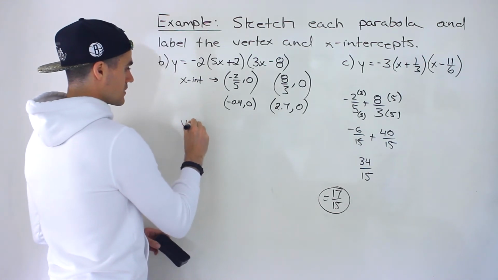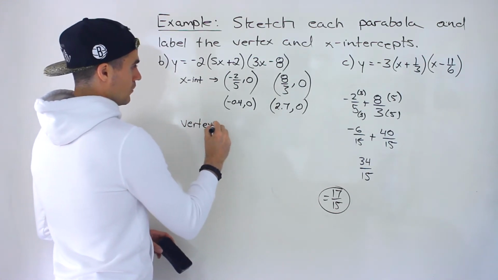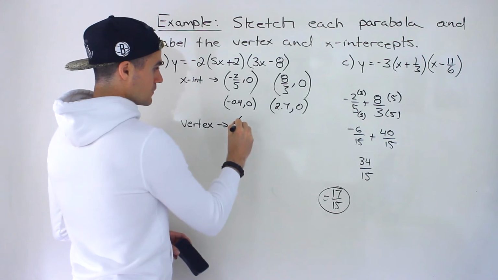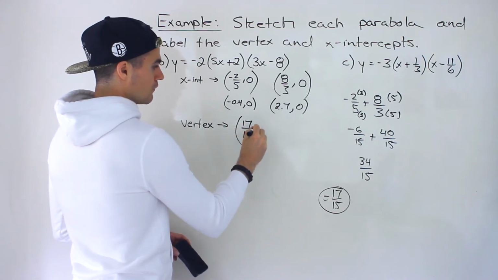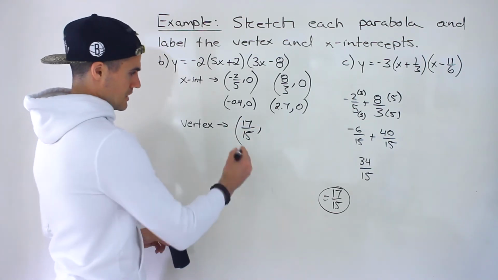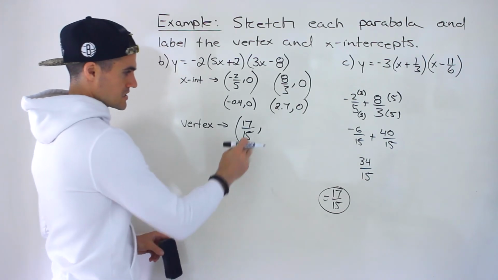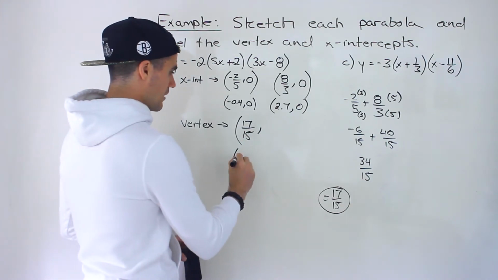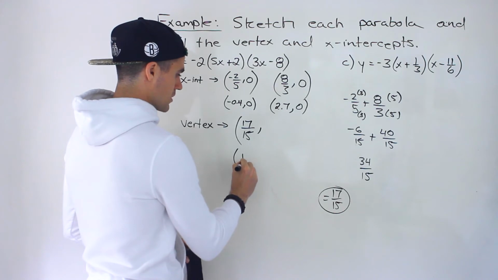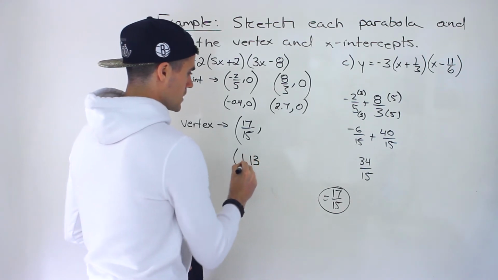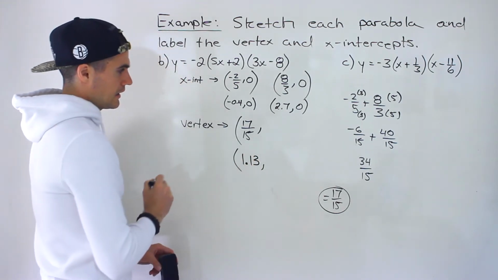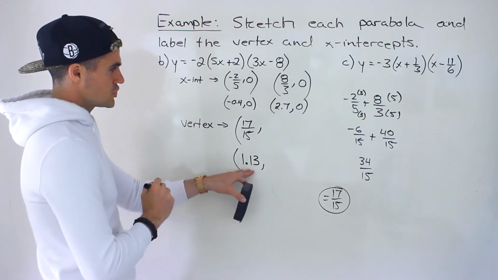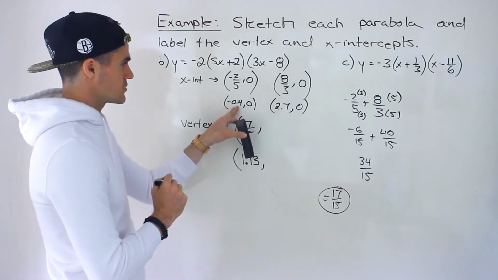So the vertex would have an x value of 17 over 15. And as I mentioned, it's good to keep track of the decimals. So 17 over 15 would give us approximately 1.13 in decimals.